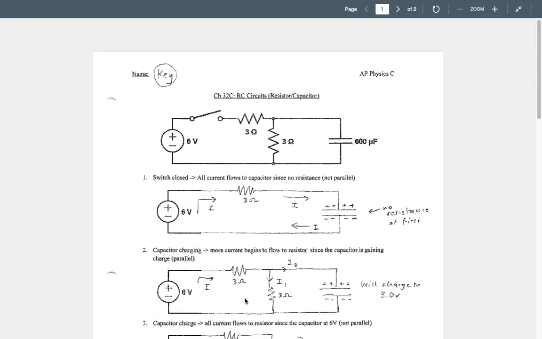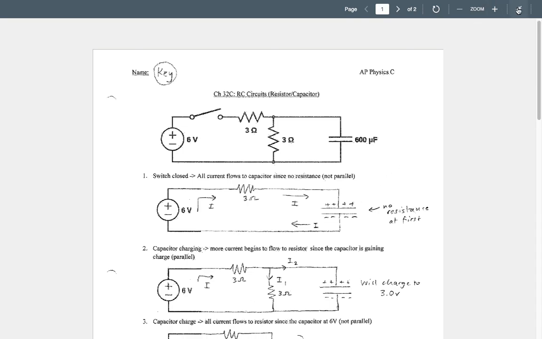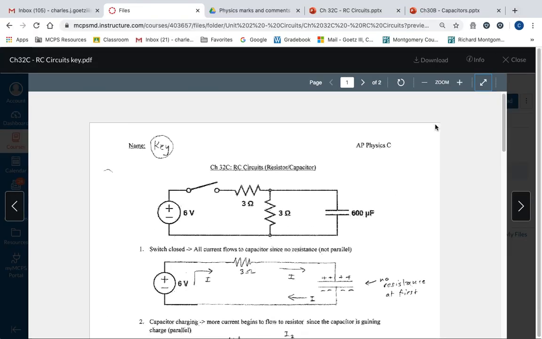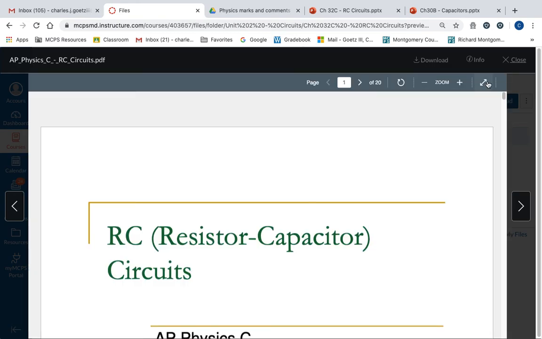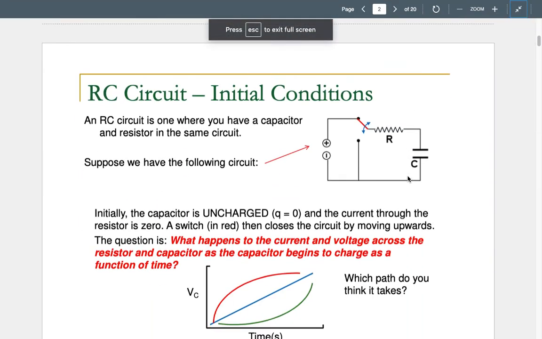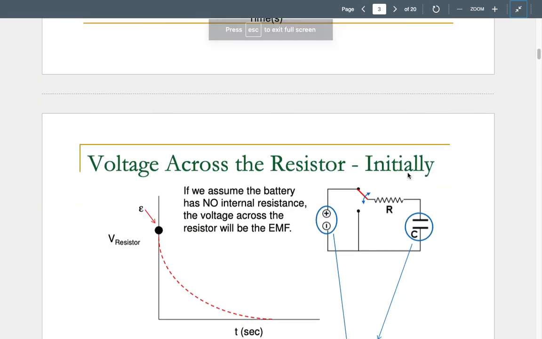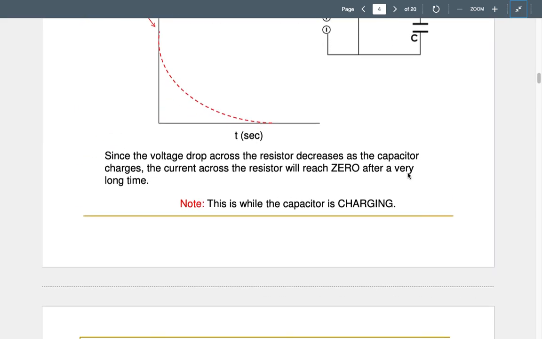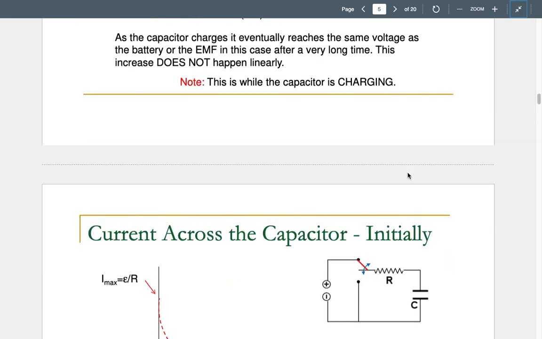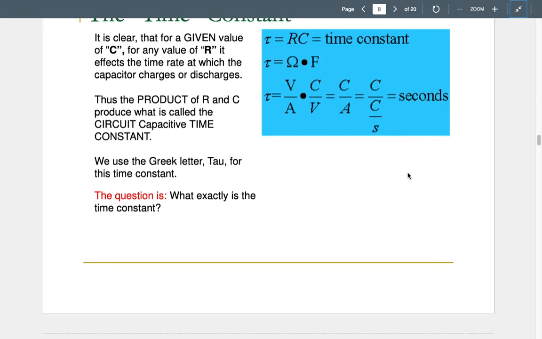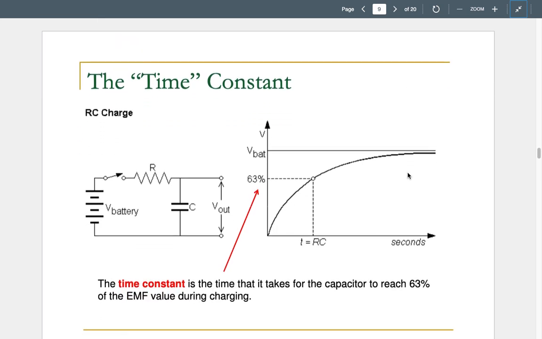So hopefully that helps a little bit, just give you a little background on RC circuits. And there actually is another really cool note sheet I found that talks about the initial current and the final current, and it actually goes into what the time constant is.